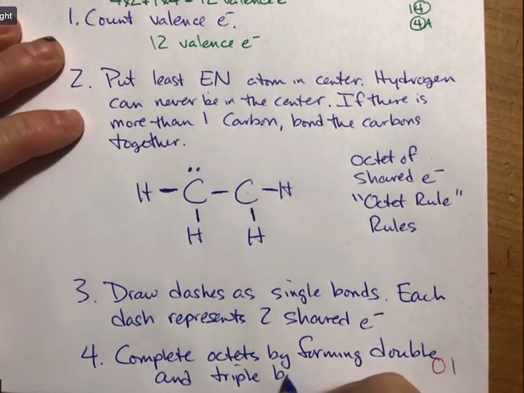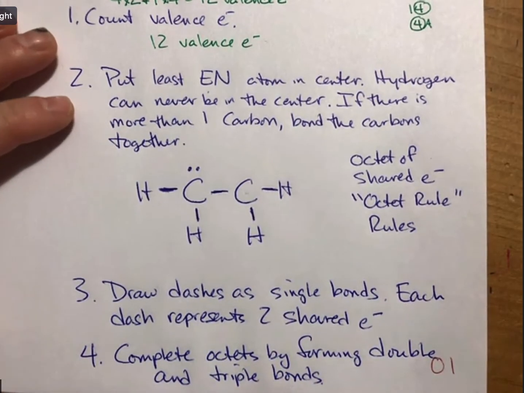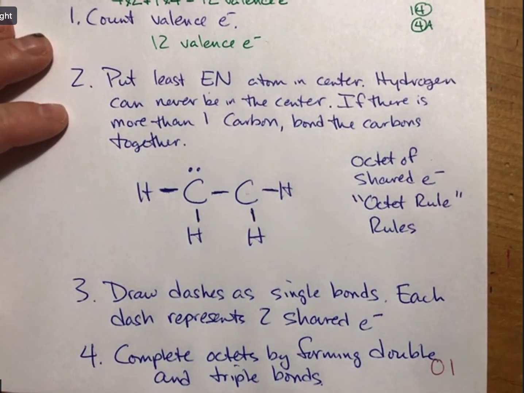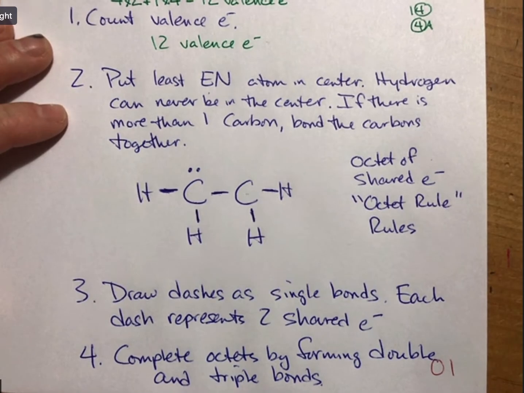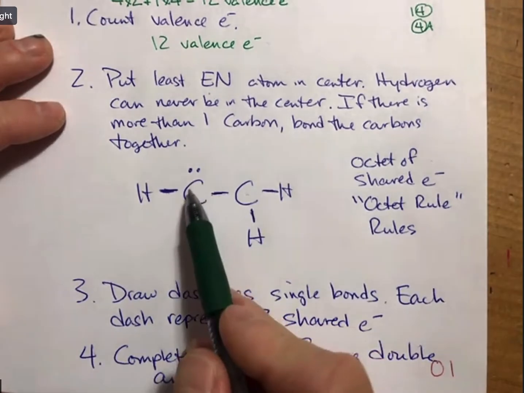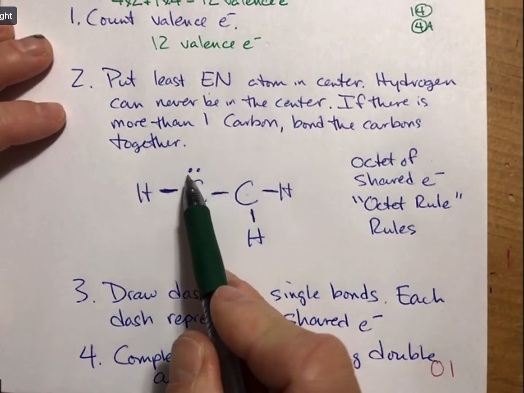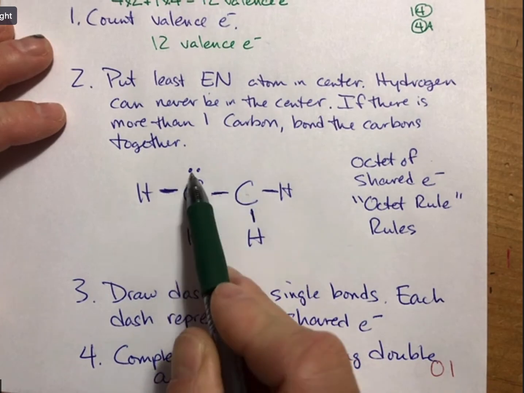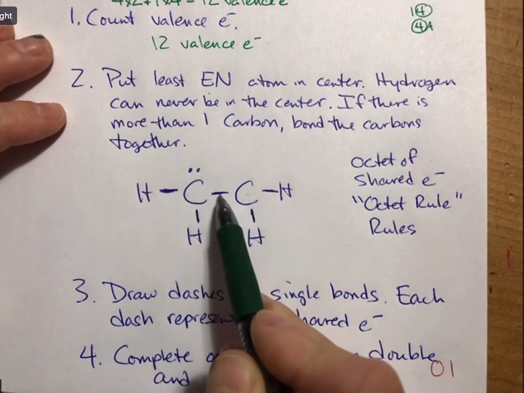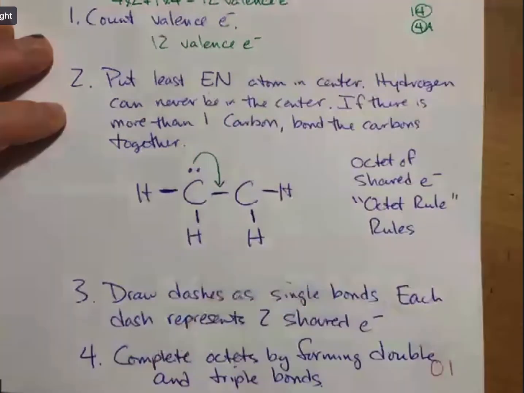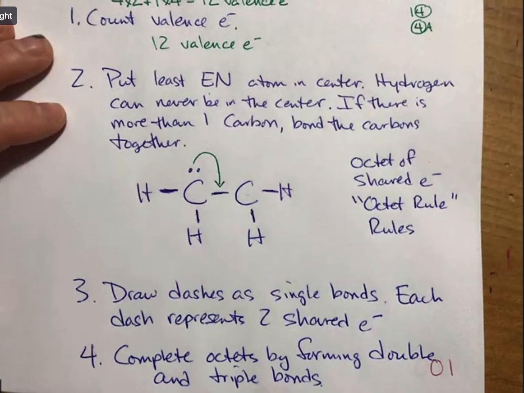As far as forming double and triple bonds, you'll always form as many double bonds as possible before you ever form triple bonds, as we will see. What this looks like is I have a pair of electrons here. So this carbon has an octet. This carbon does not have an octet. So I'm going to move these electrons over to form a double bond.